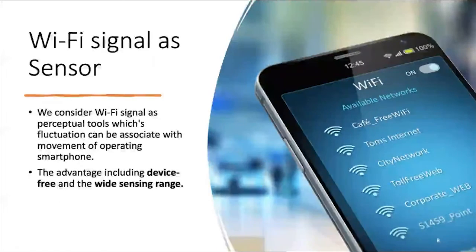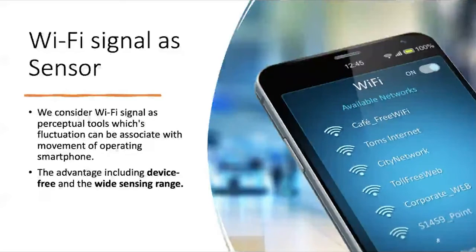And here we consider using the Wi-Fi signal as the sensor to collect the operation information of the smartphone, because the fluctuation of the Wi-Fi signal can be associated with the movement of operating a smartphone.